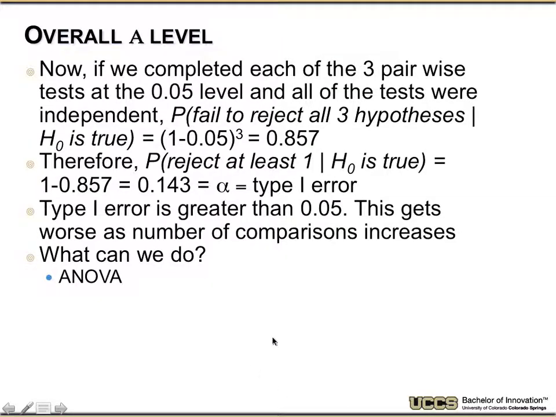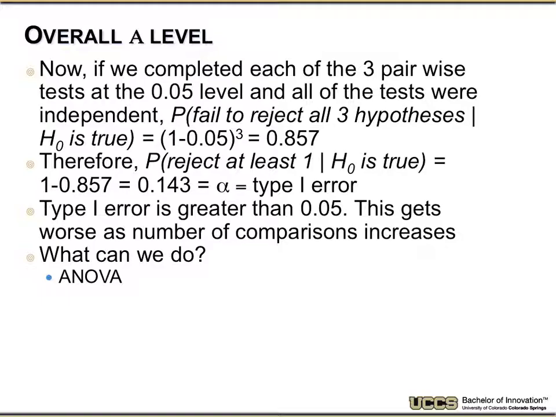So if we did three pairwise tests at the 0.05 level, the chance that we fail to reject all three hypotheses is 0.85. That doesn't mean that the failure to detect any of them is 0.05. It's the failure to detect all three simultaneously. Therefore, our probability of a type 1 error is 1 minus that, which is 0.14. That number is greater than 0.05, and this gets worse as the number of tests increases.